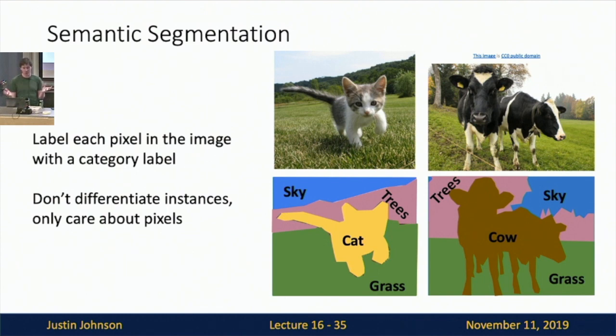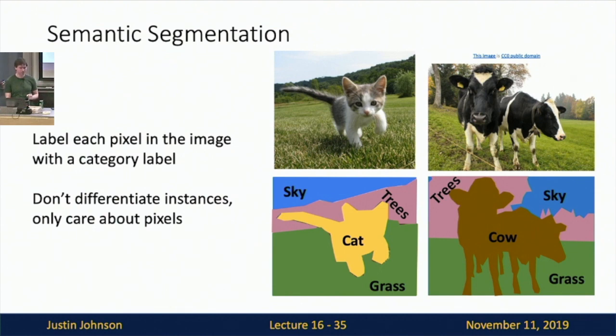It simply labels all the pixels. So the output of semantic segmentation gives us this kind of mutant brown cow blob in the middle of the image, but it doesn't tell us which pixels belong to which cow, or even how many cows there are. So we'll overcome that with some later tasks, but for now, this is the definition of the semantic segmentation task.